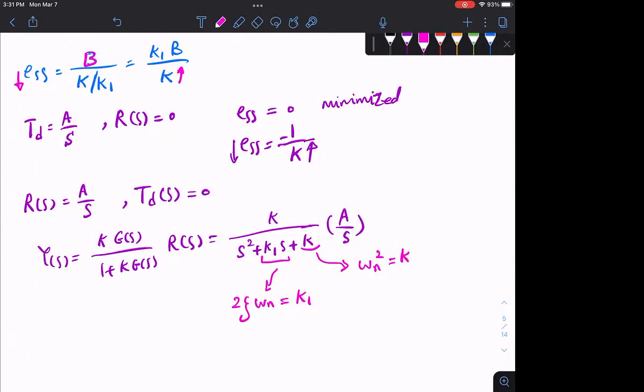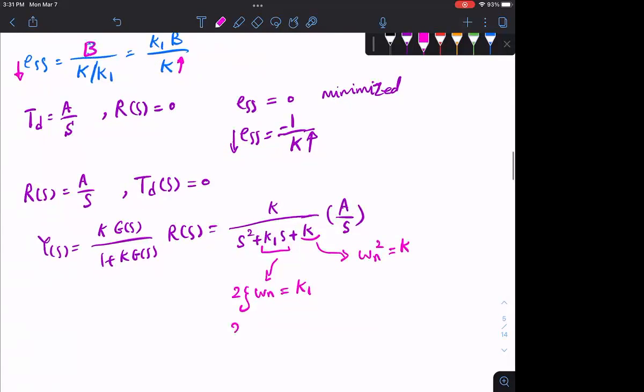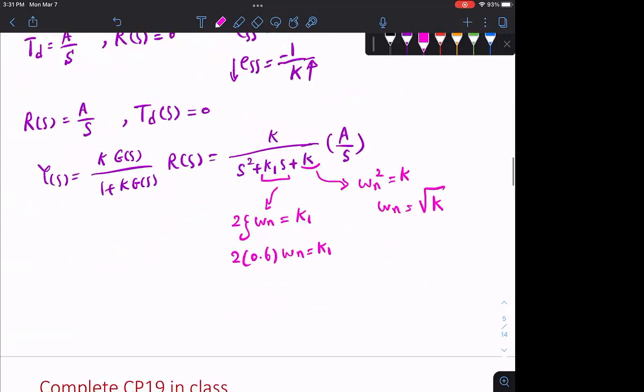So far, everything was separate. Now, from here, I say that, okay, 2 times 0.6 omega n is K1. From here, omega n is the square root of K. So K1 is going to be 1.2 square root of K. If you write this as K to K1, you will get square root of K over 1.2.